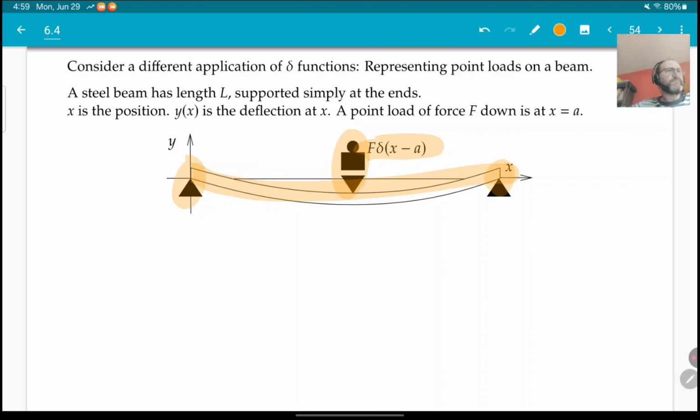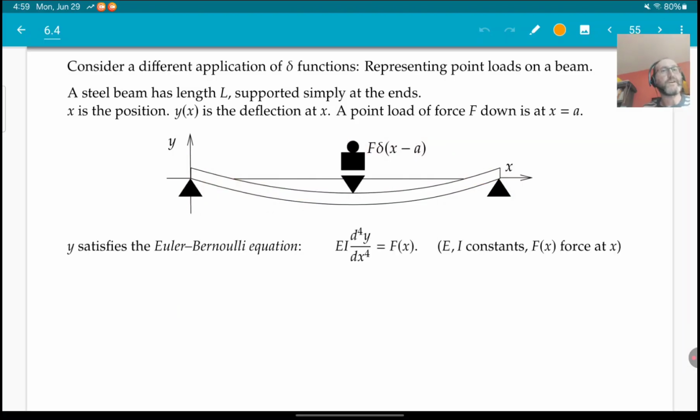It's lying at these two points, or hinged, so it can't move up and down but it can bend at those points. It's basically like a bridge with a heavy load at one point, and we want to figure out how the beam deflects.